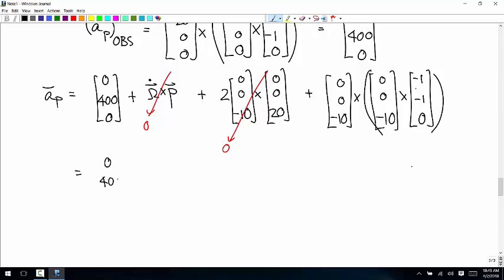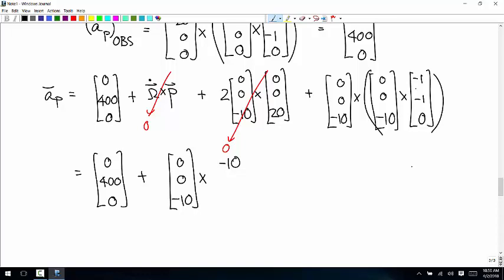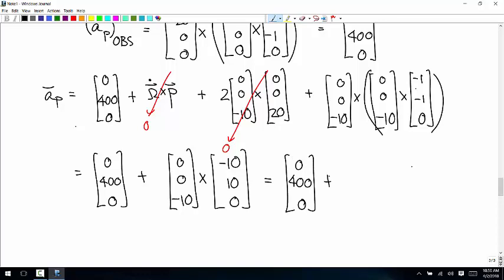So that's 0, 400, 0, plus 0, 0, -10, crossed with -10, +10, 0, and so that is +100, +100, 0.